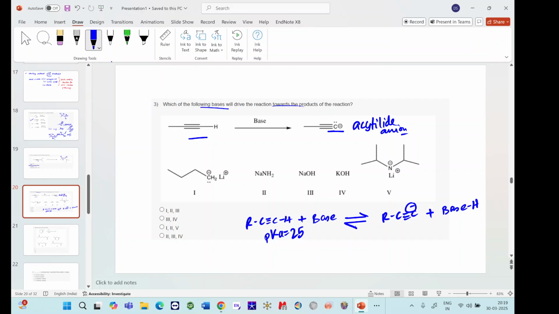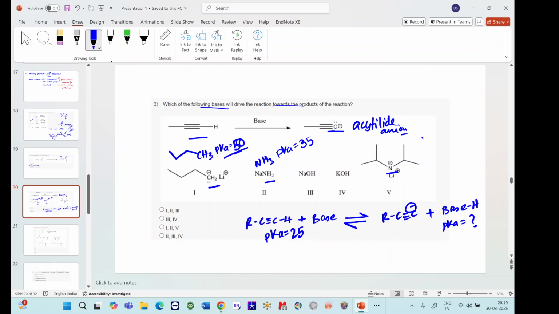This is 25 and this pKa will vary. For this one, the conjugate base will have CH3 here, and the pKa is 50, I think. Yes, 50. NaNH2 will give NH3, pKa 35.